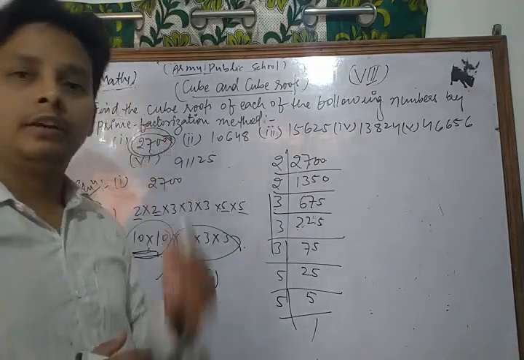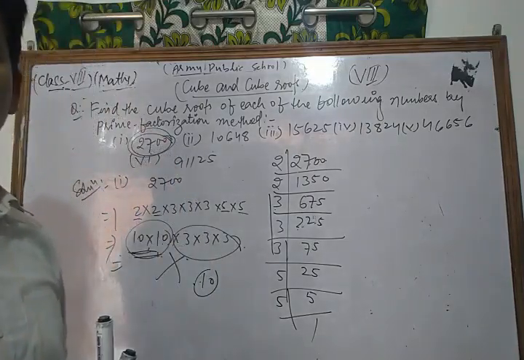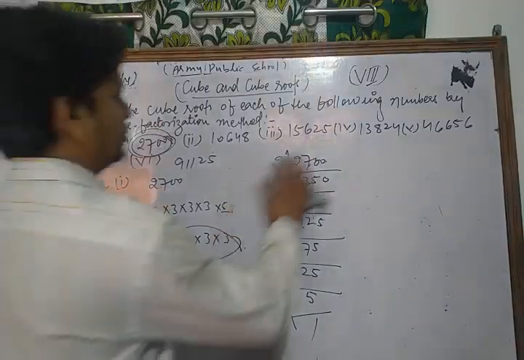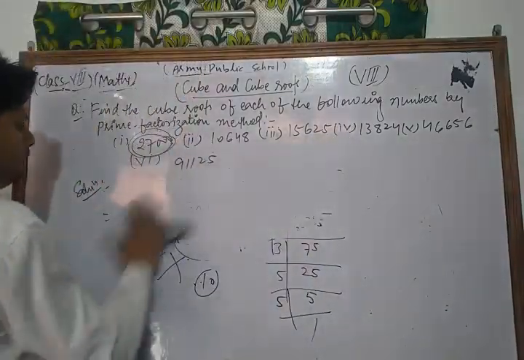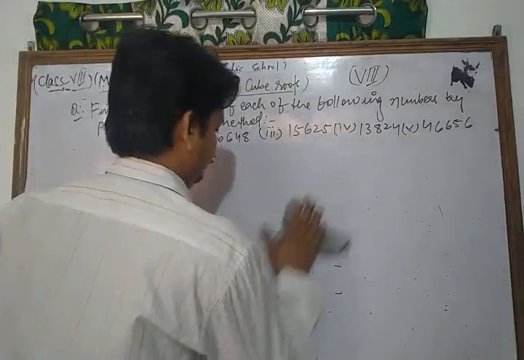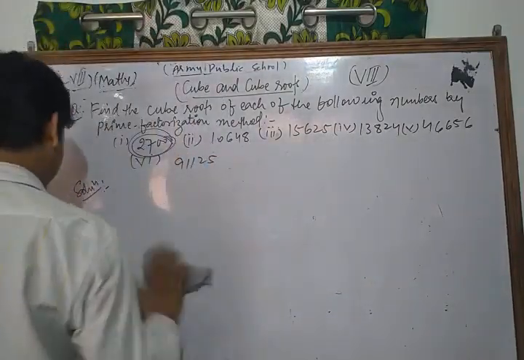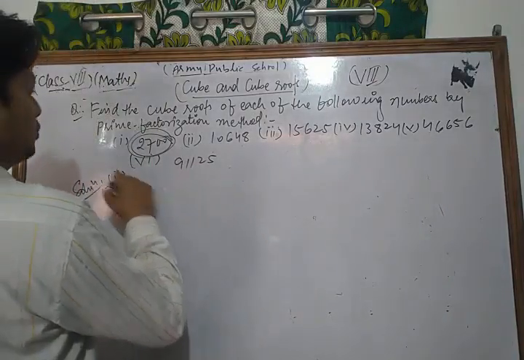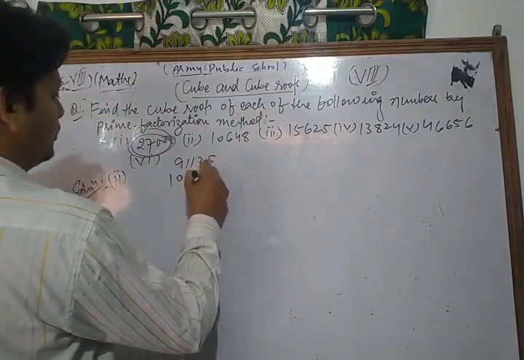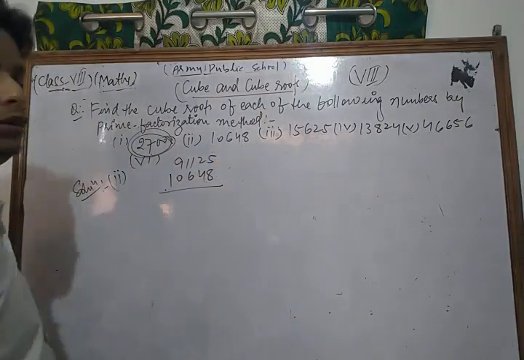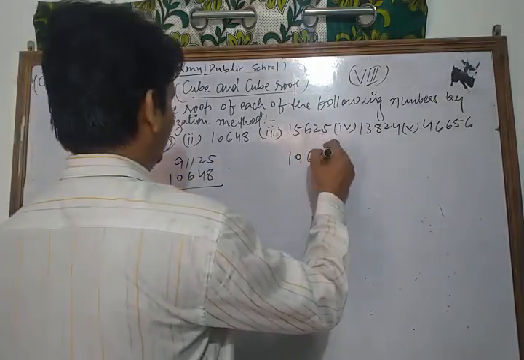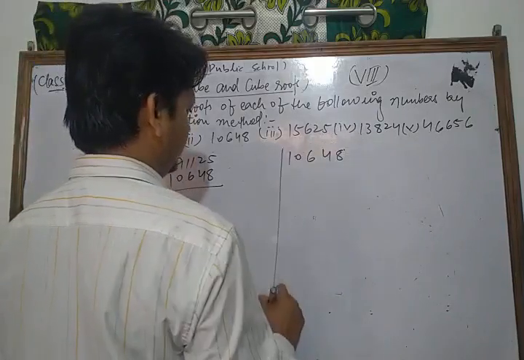Now similarly we solve the next part of this question, the second part, which is 10648. Now we do its prime factorization.